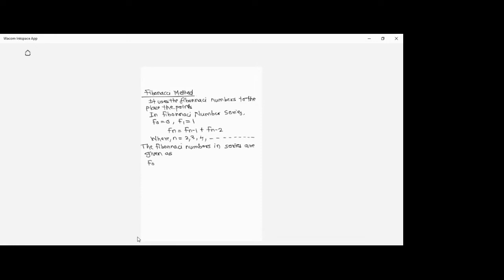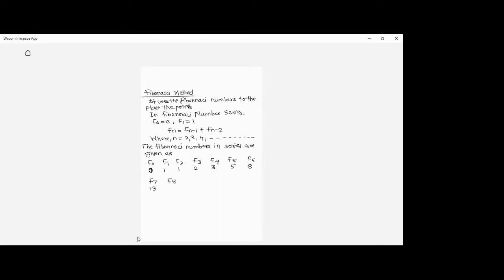First we have f0, which is 0, f1 is equal to 1, f2 is 1 plus 0 is equal to 1. f3 is the addition of the previous two numbers, 1 plus 1 is equal to 2. f4 is equal to 2 plus 1 is equal to 3. f5 is equal to 5. f6 is equal to 8. Similarly, f7, 8 plus 5 is 13.